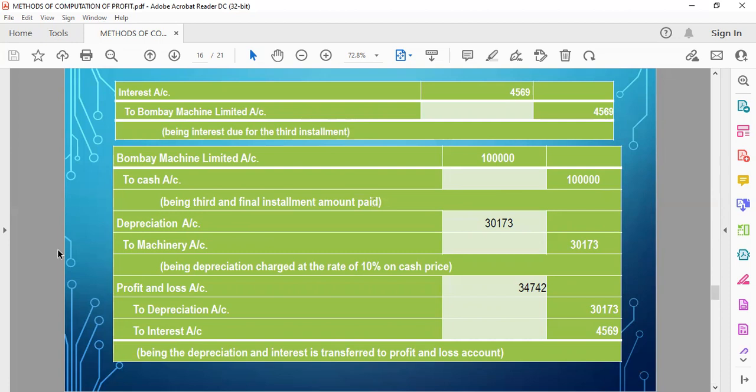Then depreciation account debtor to machinery account, 30,173. This is the diminishing balance method. We should calculate the depreciation after subtracting the first year depreciation and the second year depreciation.